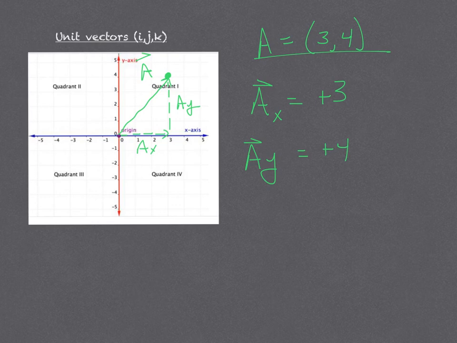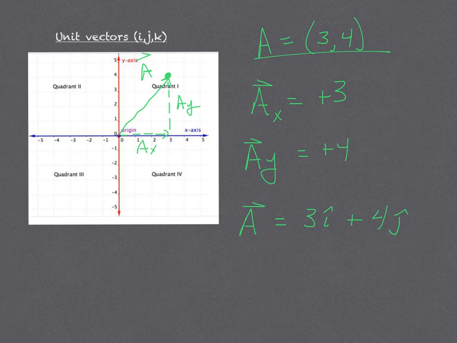Now, how do we represent the unit vector notation according to what we already know? So vector A in unit vector notation is going to be the value of the x, the magnitude of the x, times the direction of that magnitude, which is in the i direction, plus the magnitude of the y component times the direction of that vector.